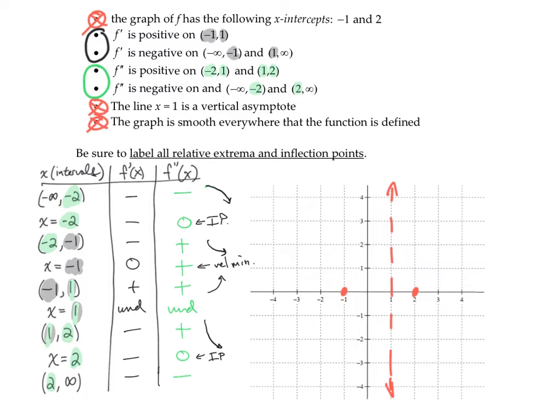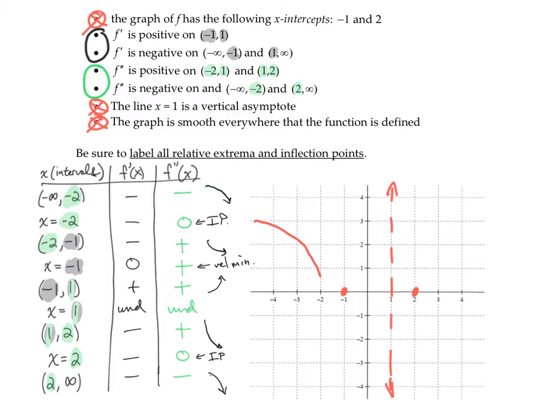And then lastly, we would have a decreasing interval that is also concave down, which would look something like that. So then all we have to do is plot this thing. Between -infinity and -2, we have to be doing something like this.